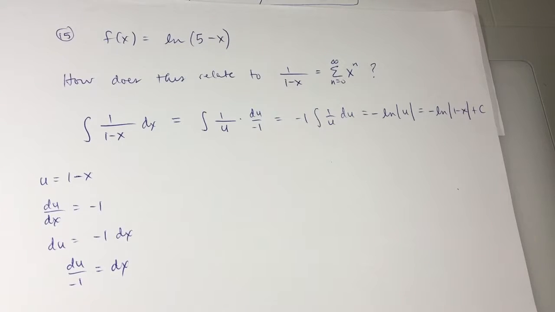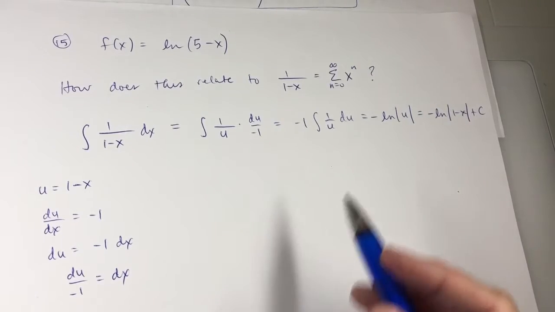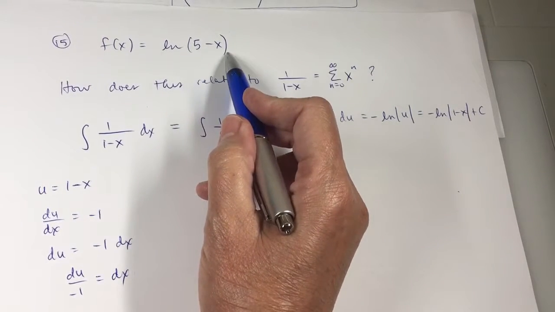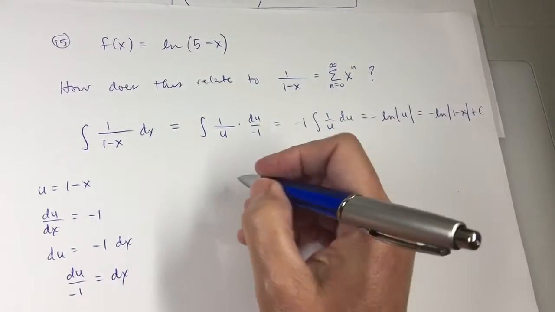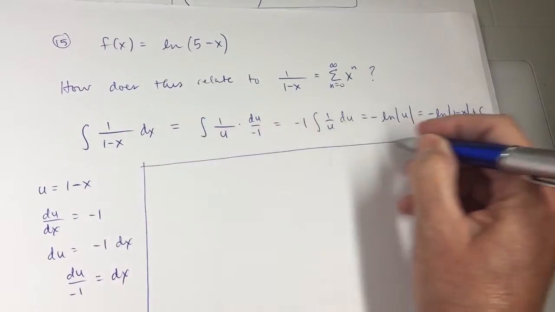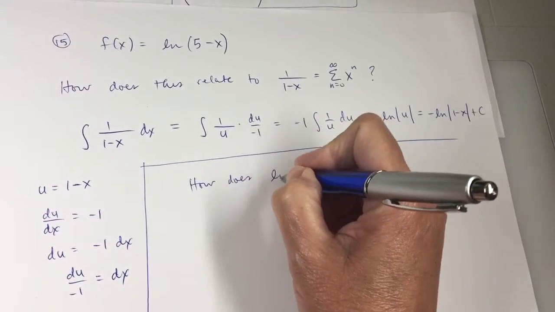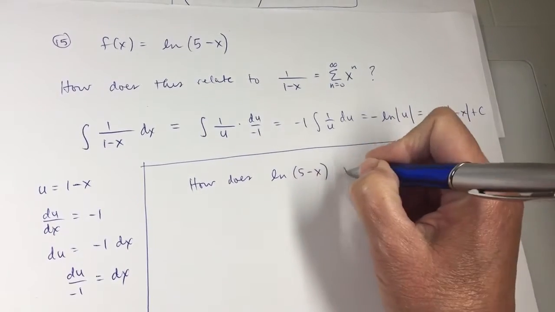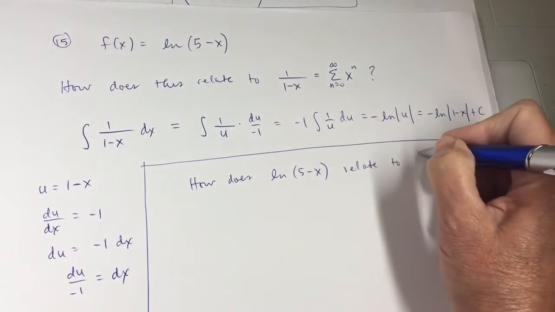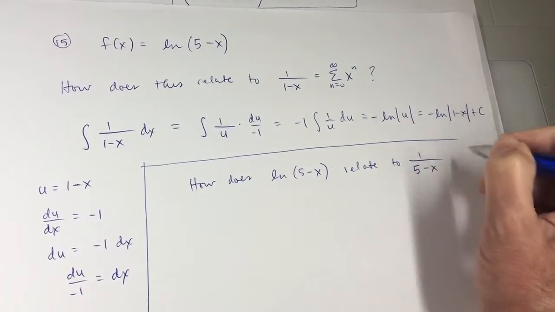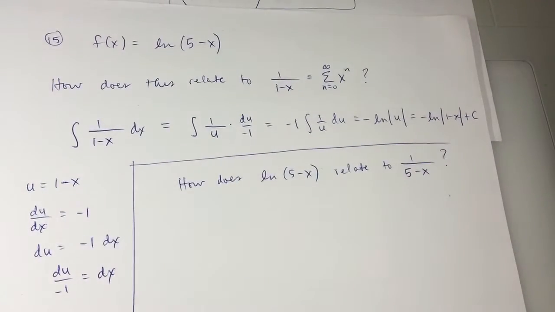So number 15 is going to be related to this type of problem. But I have 5 minus x. So I'm looking for this. How does ln 5 minus x relate to 1 over 5 minus x? Well, it's going to be the integral.